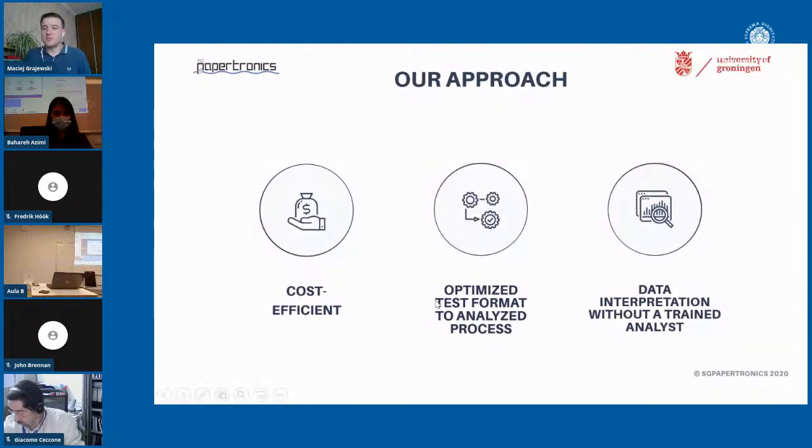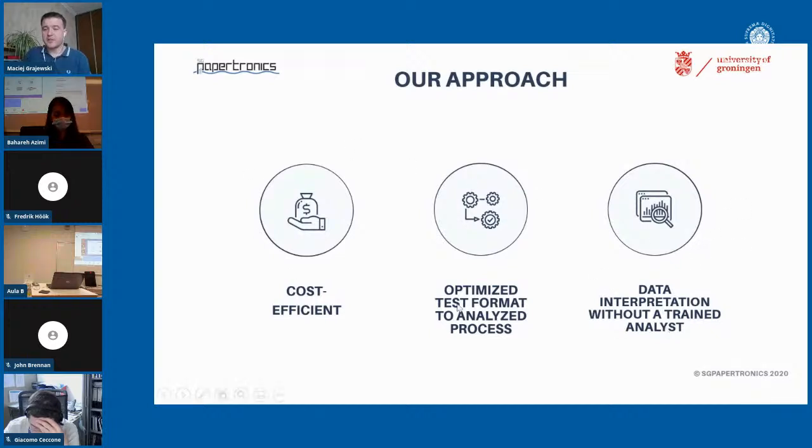We need to be able to optimize different tests to a uniform format that can fit in this universal device. And we would like to move towards a cloud-based database system, and artificial intelligence that will act as a trained analyst for our customers.